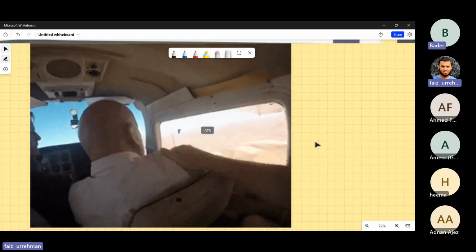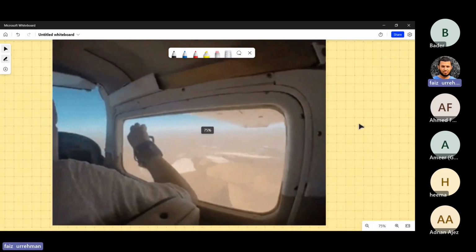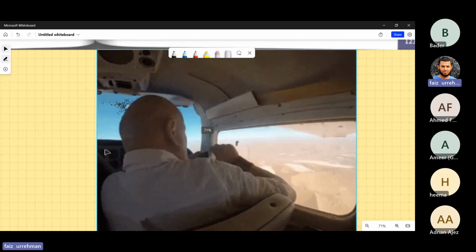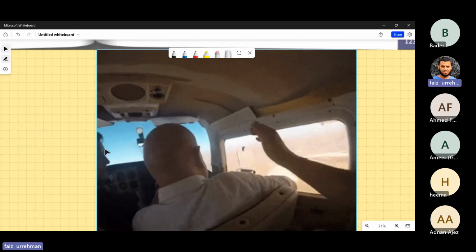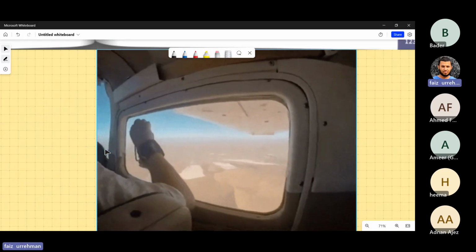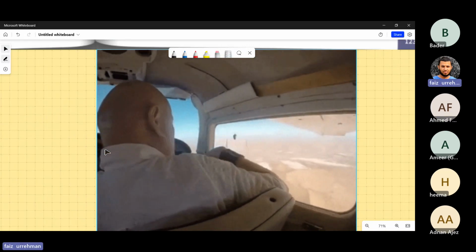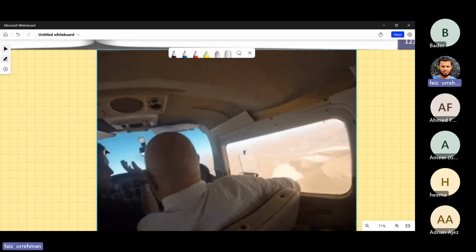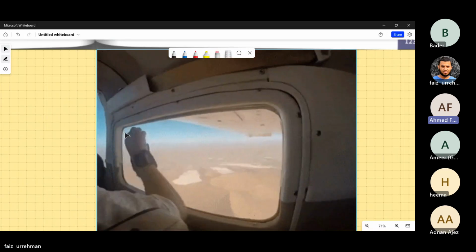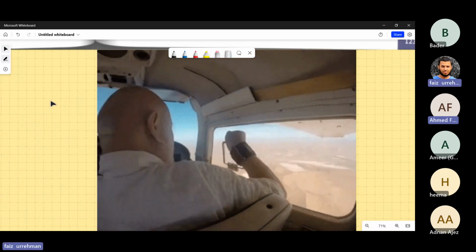Not only does it fall, it sucks away because of the pressure, and the mobile is gone from his hands in a second. Look at this poor guy. The bad guy is encouraging him, mashallah. A good job. He's patting him.